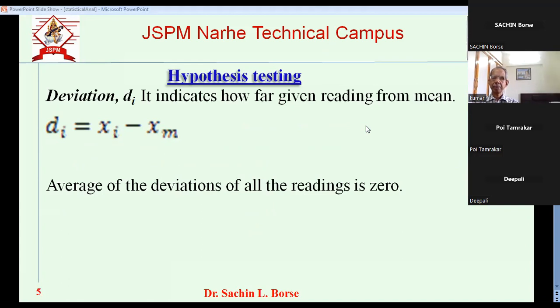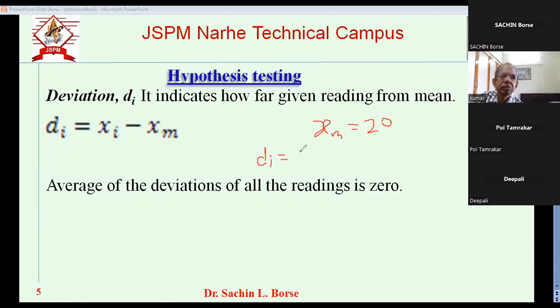Now we'll see the deviation. Deviation simply means, now we have seen the readings of the marks also. We have already calculated the mean, that is 20. Now what is meant by deviation? Deviation is just a difference. We represent it as Di.